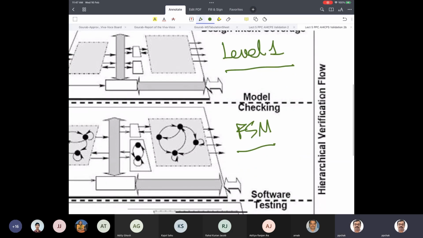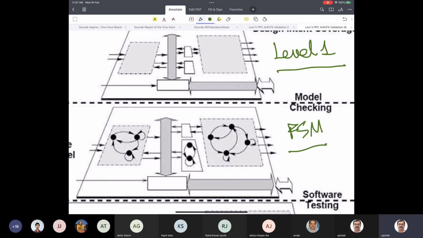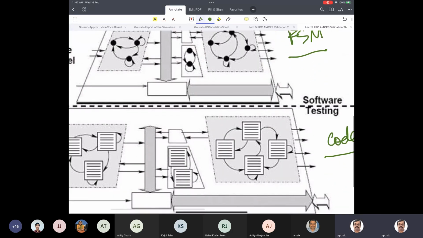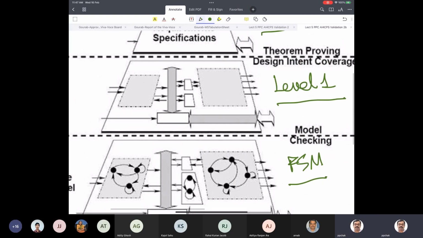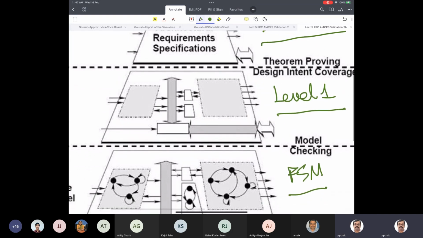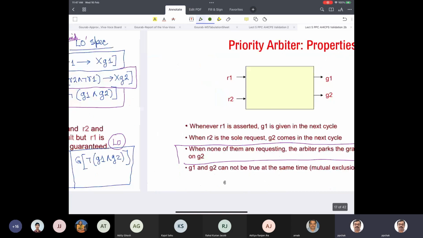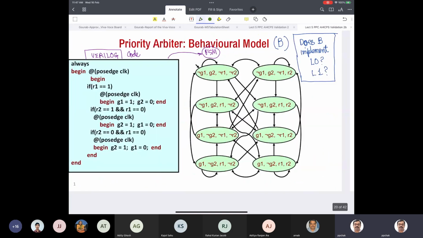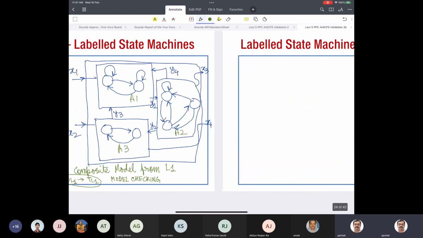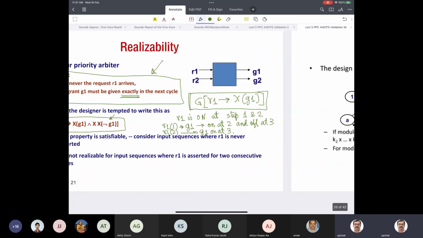Then we created state machines. And finally, we create code. And we have intent verification, model checking, consistency checking, all of this to be done. But practical systems require other parameters. One of them is timing.